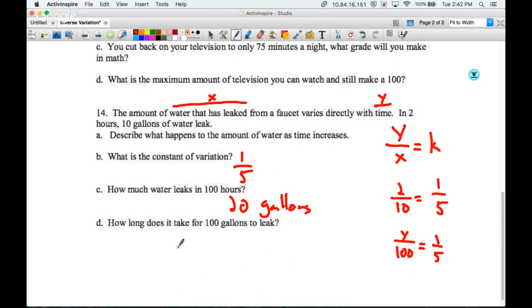And then how long does it take for 100 gallons to leak? 100 divided by some x equals 1/5. Here I could cross multiply, and I would get 500 hours. All right. And again, the units in this problem are reasonable.